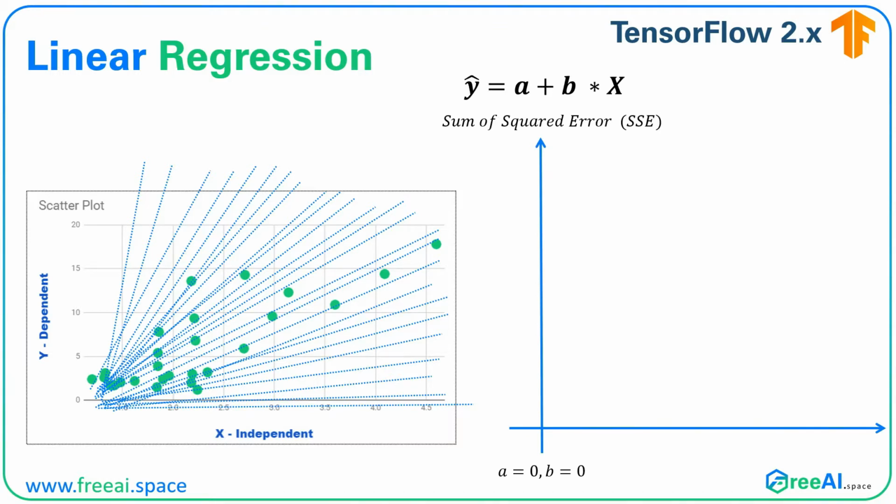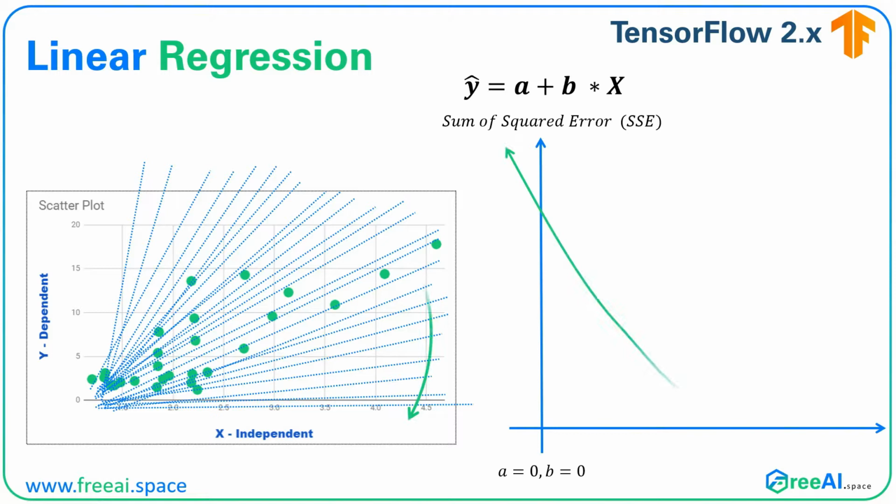For the sake of simplicity, let me consider only the slope of a line. If the slope is equal to 0, then the line is almost horizontal, which has a very large error somewhere around here. And as the slope increases, your error is coming down, up to a certain point, and after that the error starts increasing, something like this.